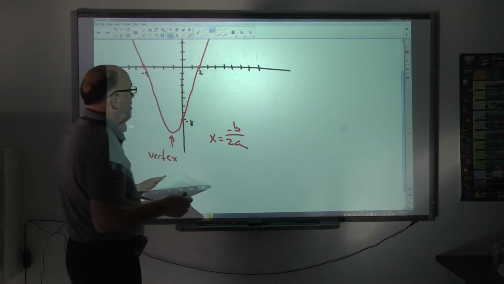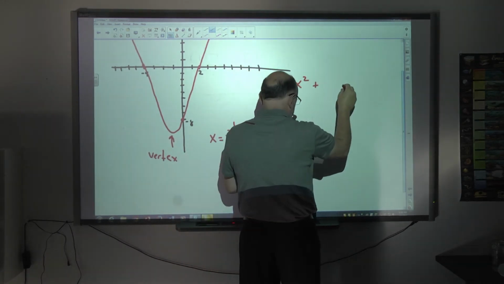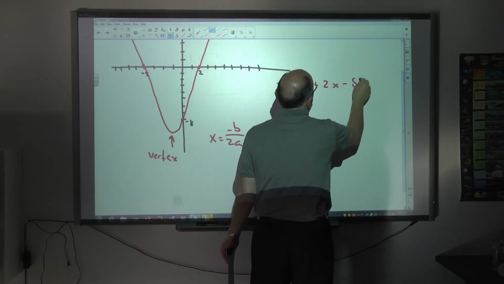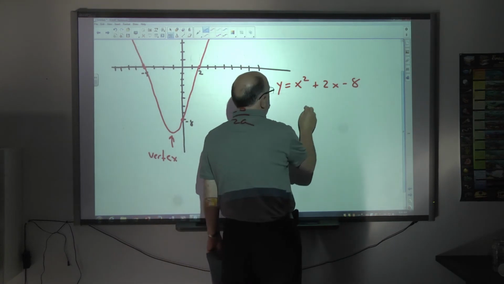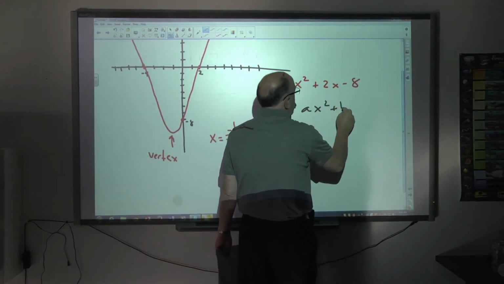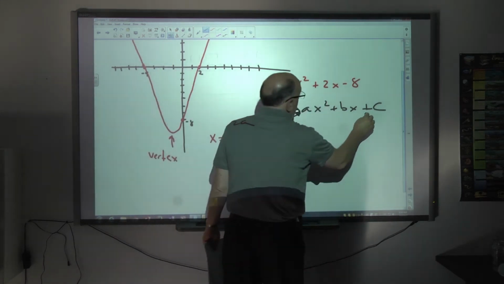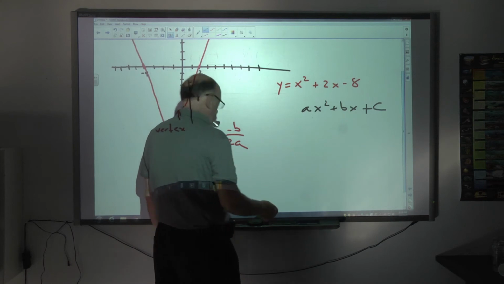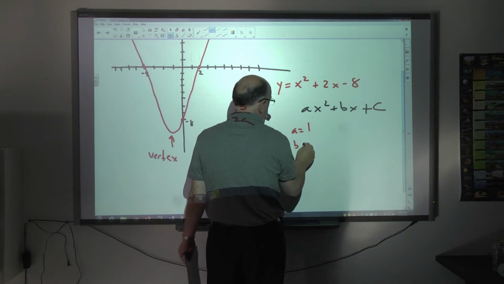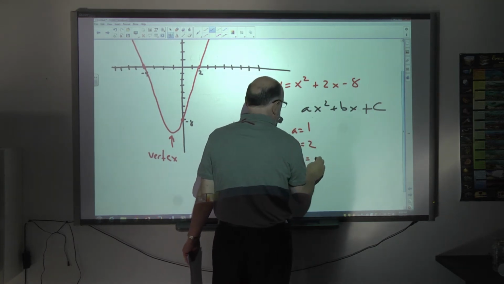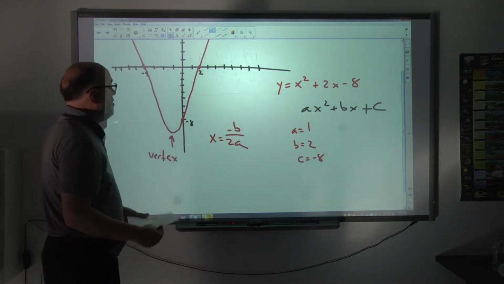Again, we have that our equation was y equals x squared plus 2x minus 8, and our general quadratic is in the form ax squared plus bx plus c. And so we know that our a is 1, our b is 2, and our c in this case is -8.